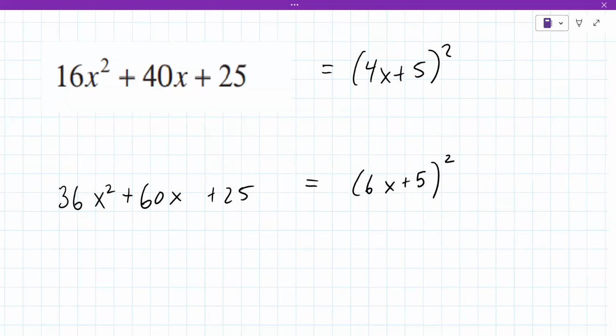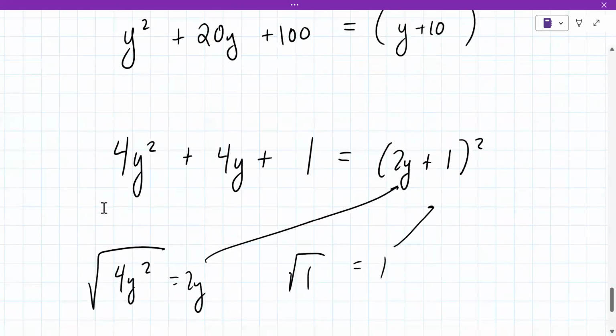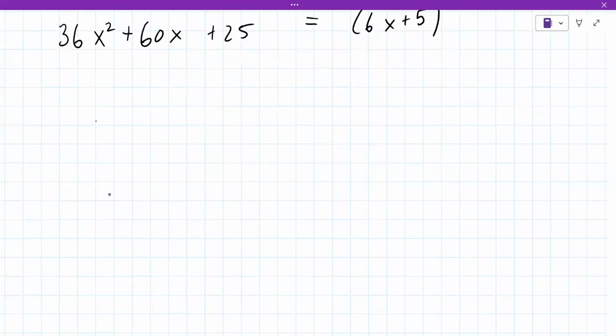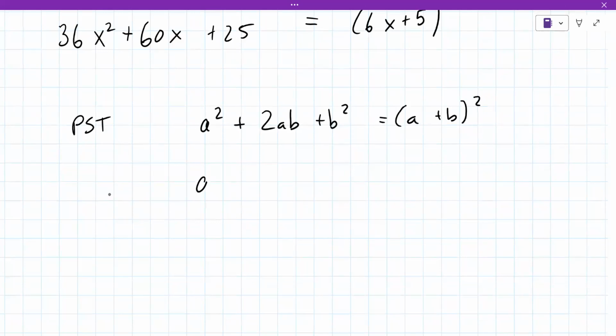So here are the two forms of a perfect square trinomial: a squared plus 2ab plus b squared equals (a plus b) squared, or a squared minus 2ab plus b squared equals (a minus b) squared.